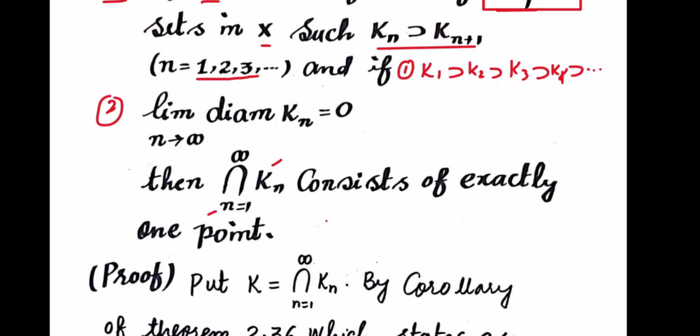In other words, we have to show that the intersection n is equal to 1 to infinity of Kn is equal to some singleton set. We suppose this infinite intersection, as you know, the intersection of two or more sets is always a set. So we say this intersection is equal to some set K.